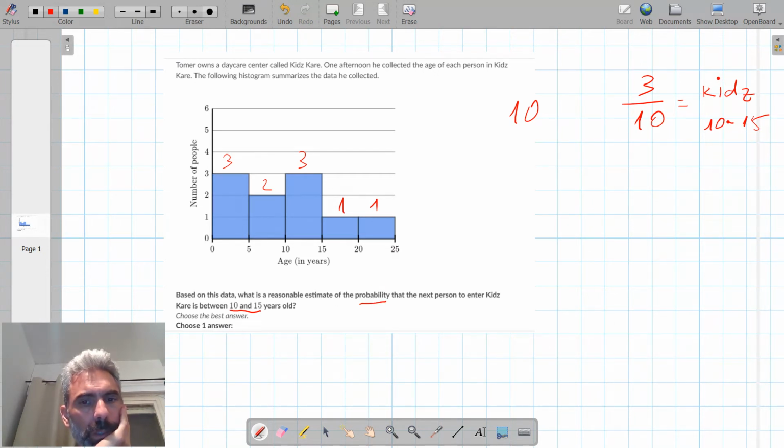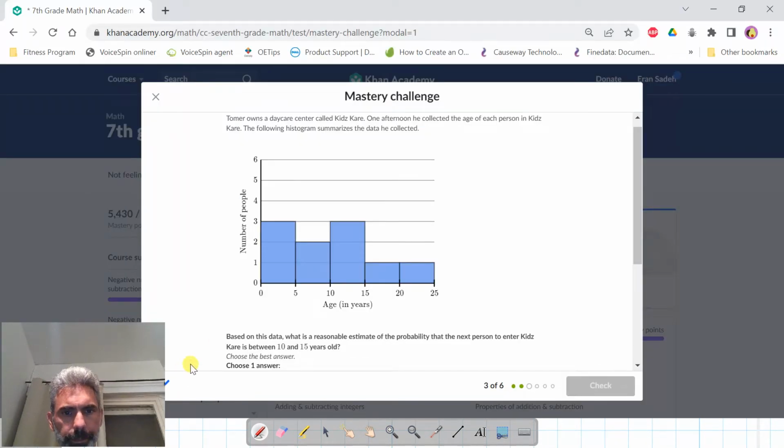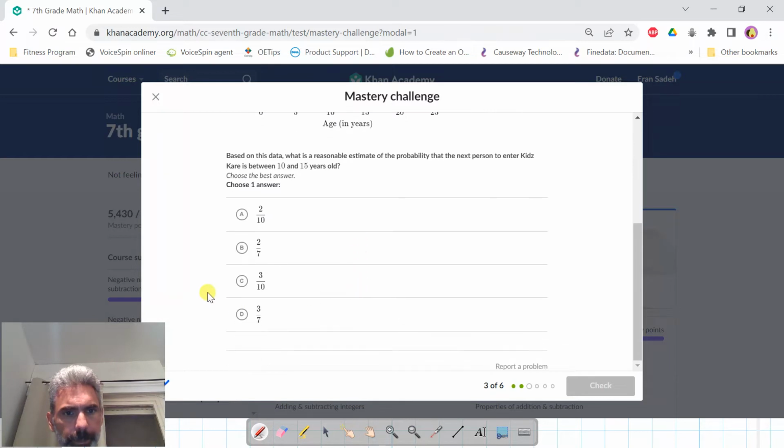So the probability that the next person to enter Kids Care is between 10 and 15 years old is 30%, I guess. 3 out of 10, yes.